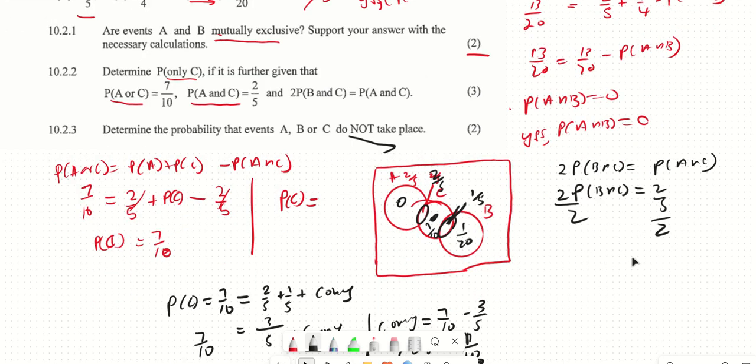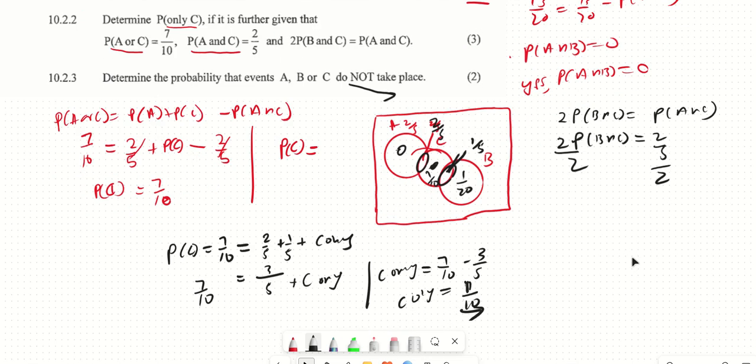So now, not in A or B or C, we're just going to say its probability is going to be 0 plus 2 over 5 plus 1 over 10 plus 1 over 5 plus 1 over 20.